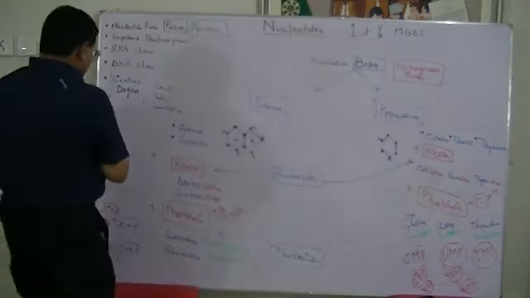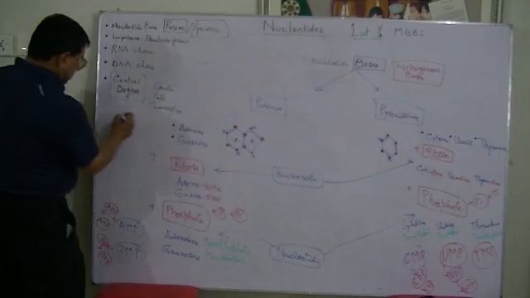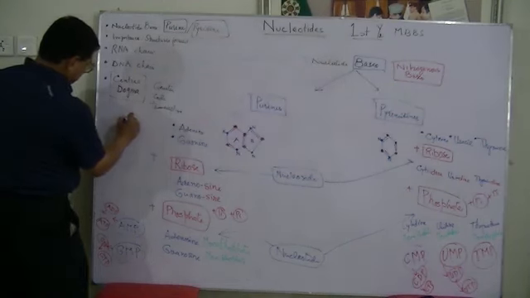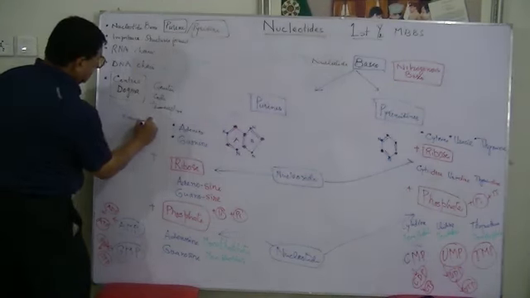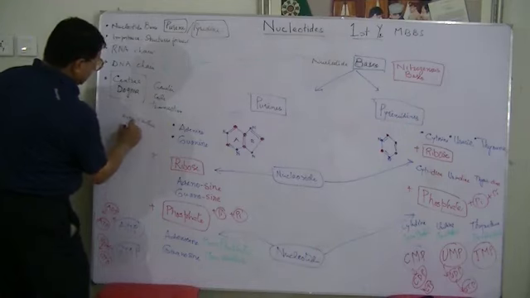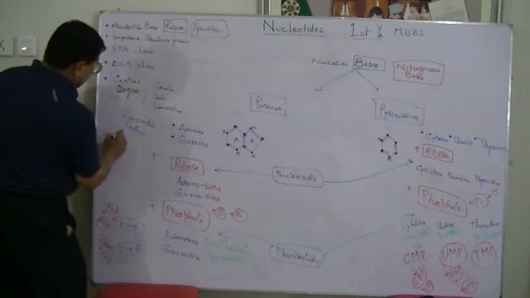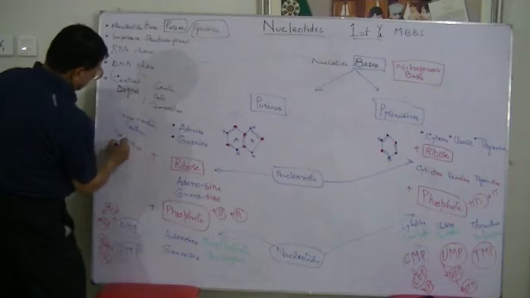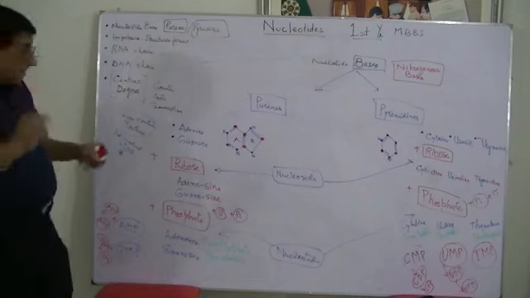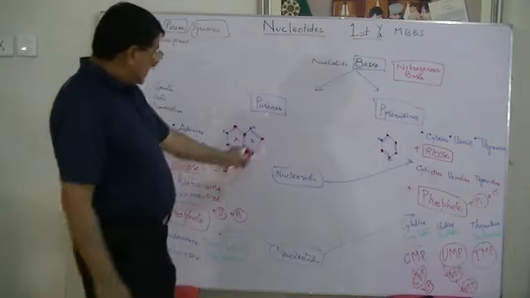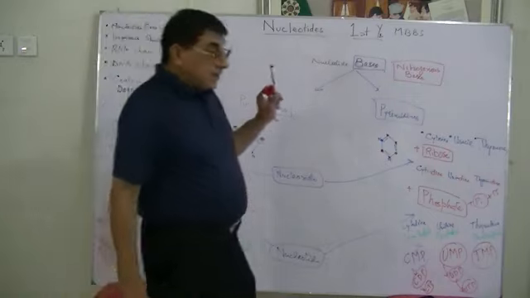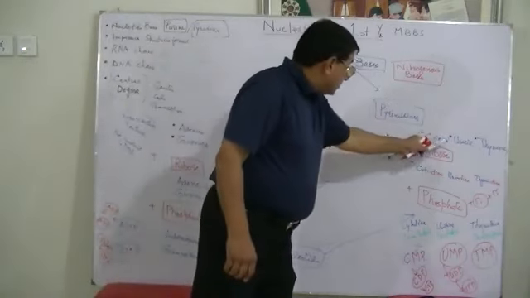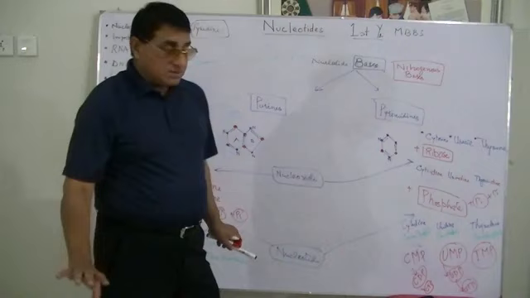Well, over here you can also add certain other purine bases such as hypoxanthine and xanthine, but these are not involved in DNA. But these are also purine bases. But in DNA, adenine, guanine, purines, and cytosine, uracil, thymine, pyrimidines are involved.